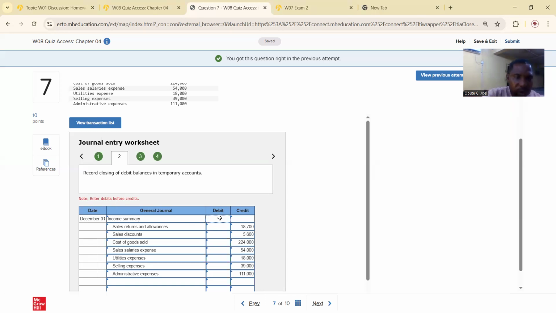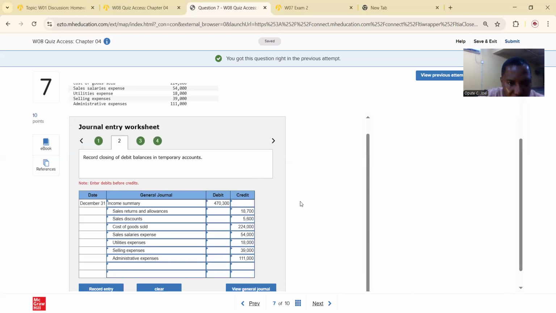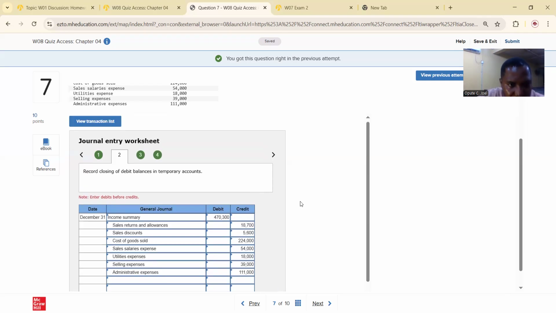So that's what I'm using to close the whole of the expense account or the debit account. And so what we got is 470,300. So as it stands right now, the debit balances in the temporary accounts are closed. And so I'll move to the next one.